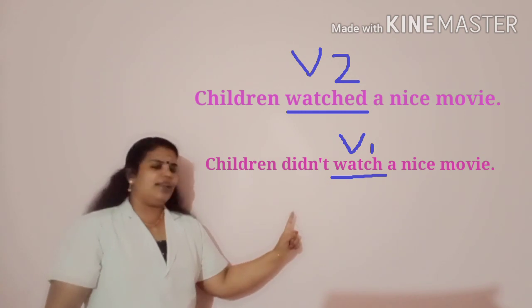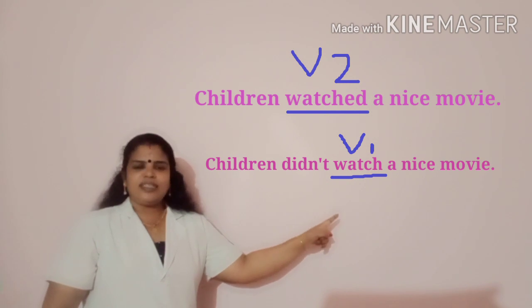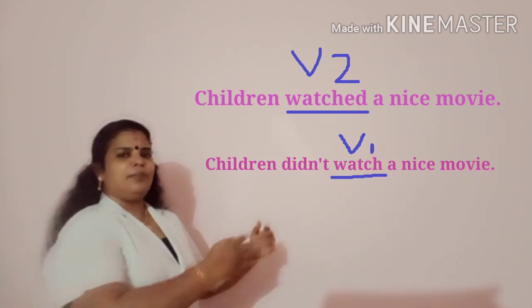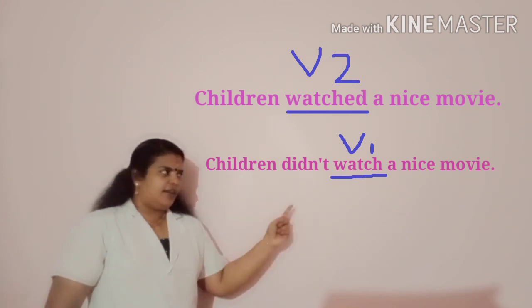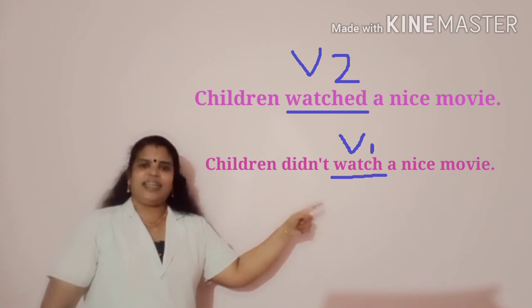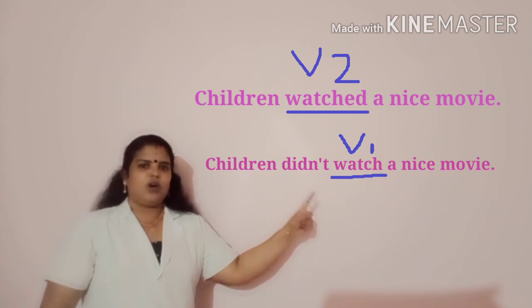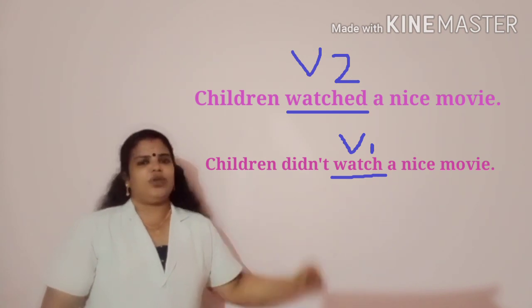So, children didn't watch a nice movie. Then the remaining part of the sentence. Got it? Children, first the subject. Then didn't. Then the base form of the verb. Watch a nice movie.